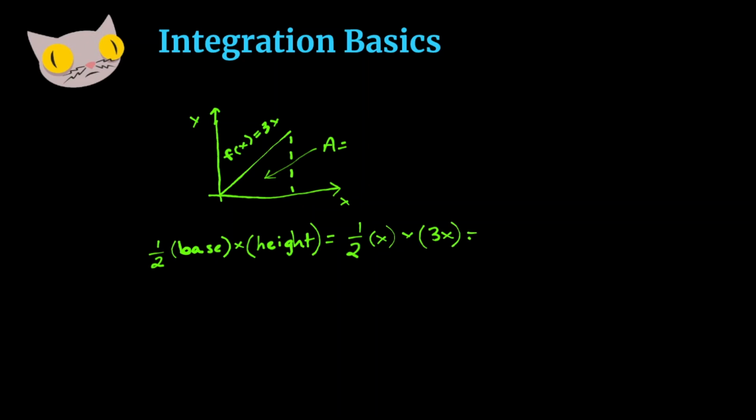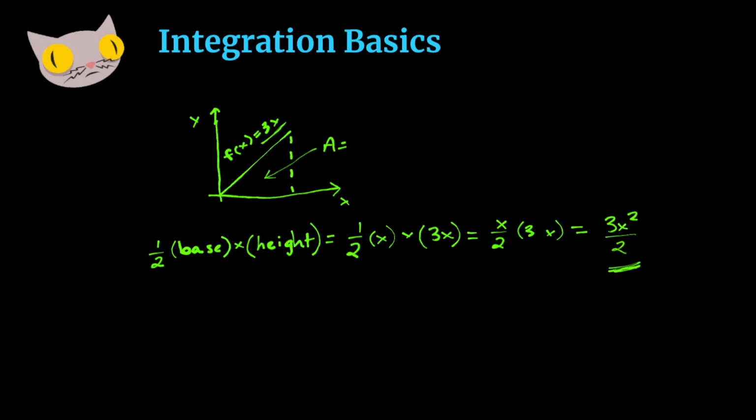That gives us x over 2 times 3x, which gives us 3x squared over 2. 3x was our function to integrate. 3x squared over 2 is the area of our triangle.